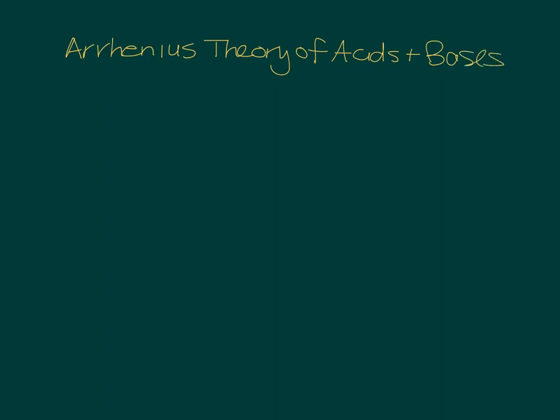Now, there's two theories of acids and bases. One is the Arrhenius theory of acids and bases, which basically says acids have H plus as the only positive ion in solution.